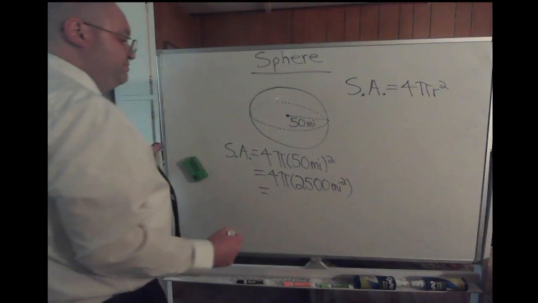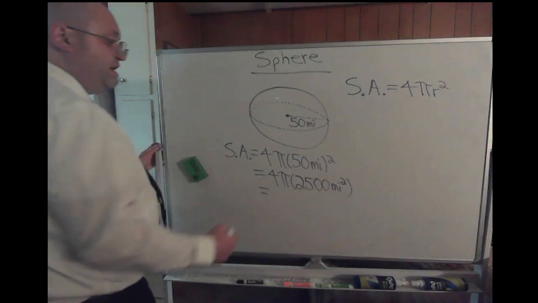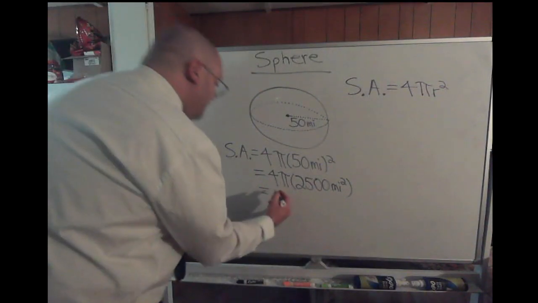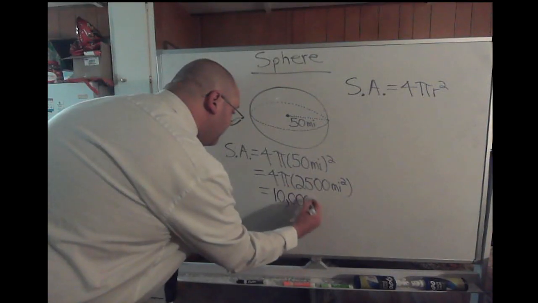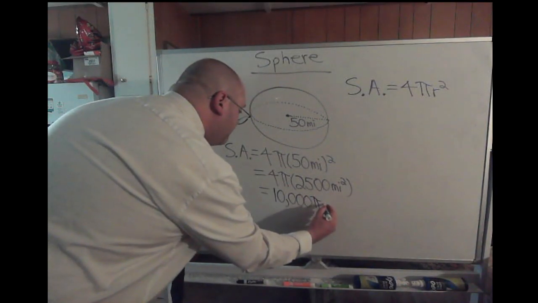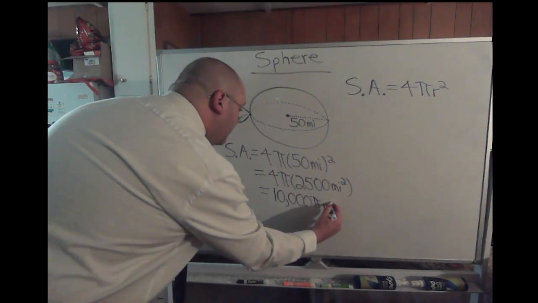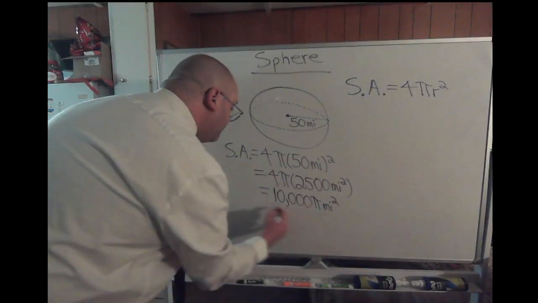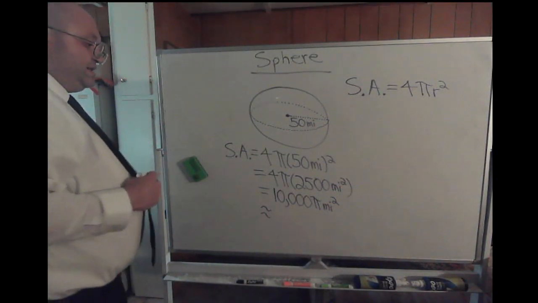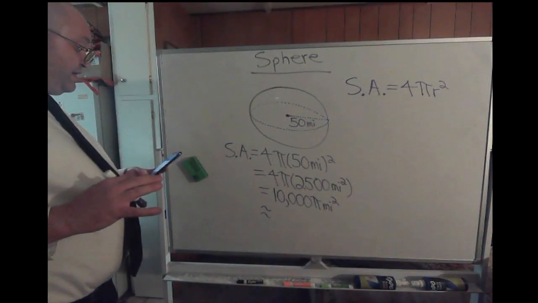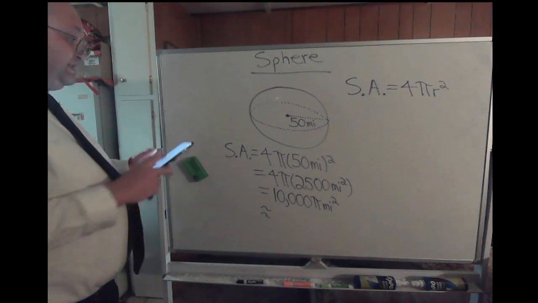Now let's go ahead and simplify this. We'll treat pi like a variable. 4 times 2,500, that's 10,000. So you'd have 10,000 pi miles squared. So now we're going to make this make sense. We're going to take 10,000 times pi and round the result to the nearest 2 decimal places.